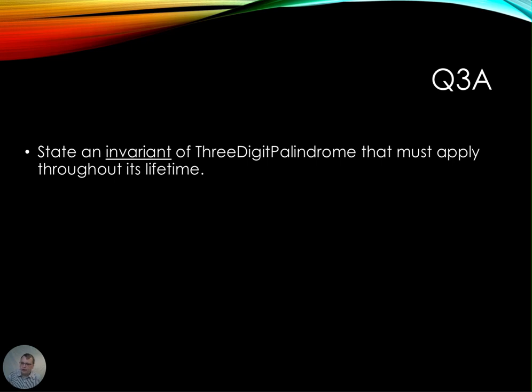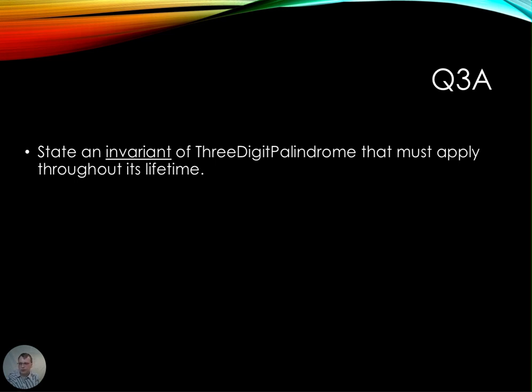The last question here is about invariance. When we have ADTs, so this is, if you like, the theoretical definition of the class, we often want to state rules that must always be met of the data held within that class or within the ADT over its whole lifetime.